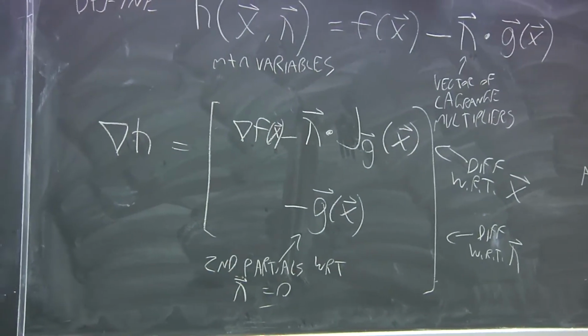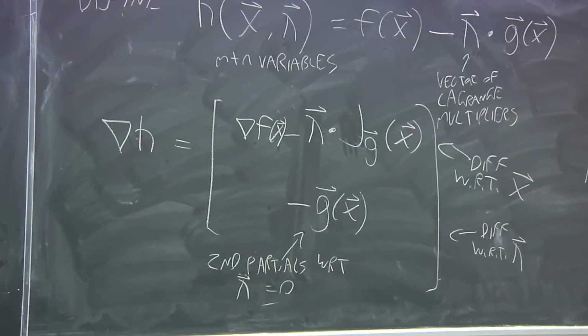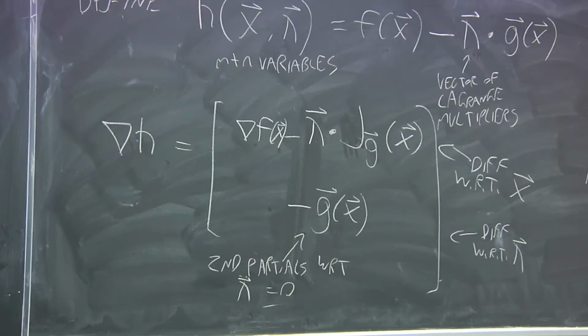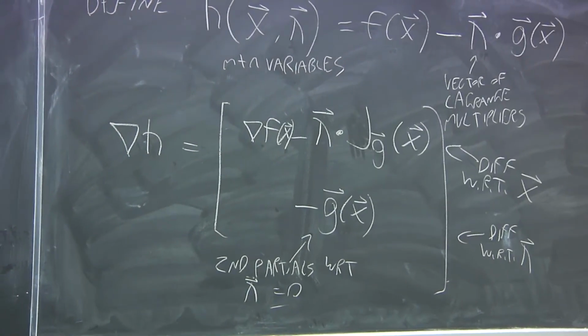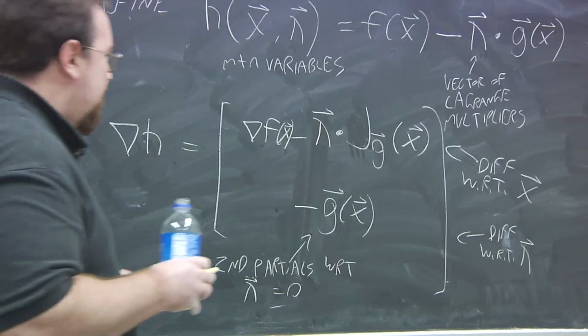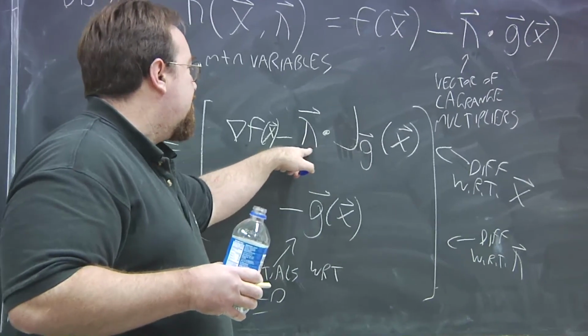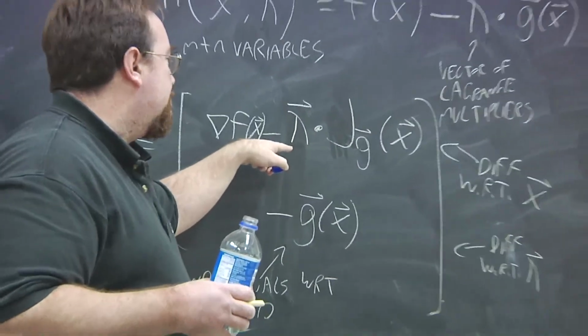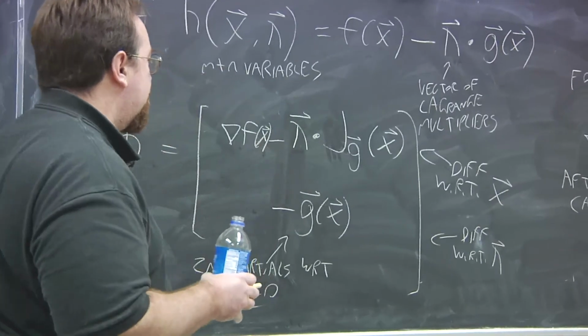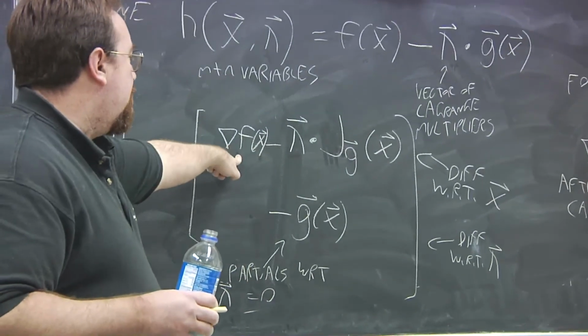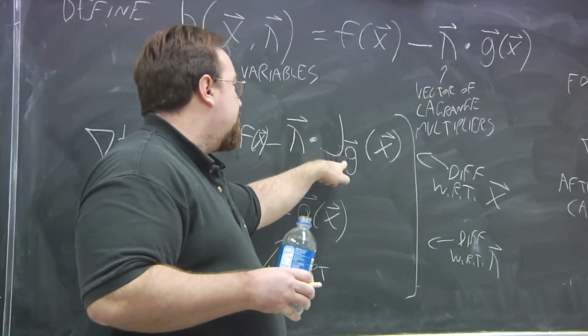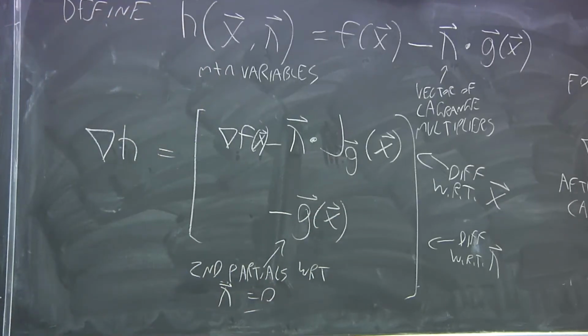So there are certain partial derivatives you know are going to be 0 no matter what your function is, no matter what your constraints are. And even here, this is a linear function of lambda, so you compute the partial derivatives of this with respect to lambda. This will go away, and you'll just be left with gradients of g.